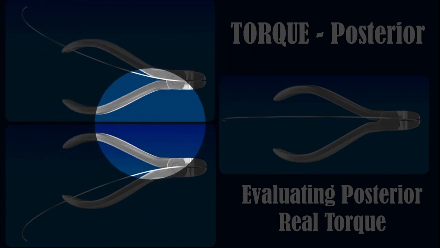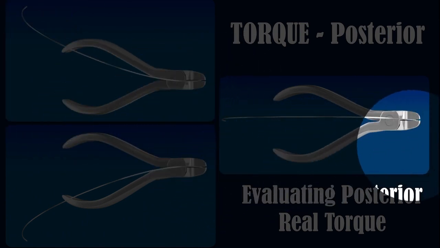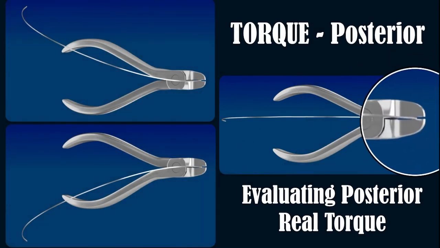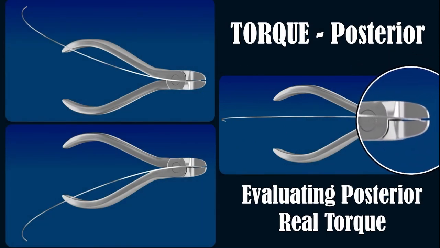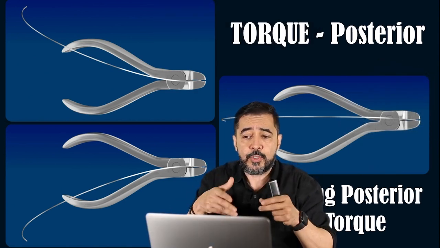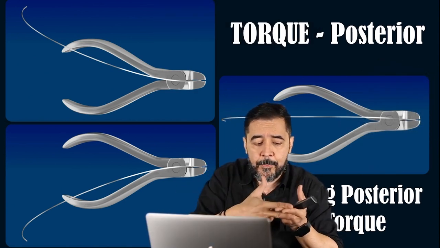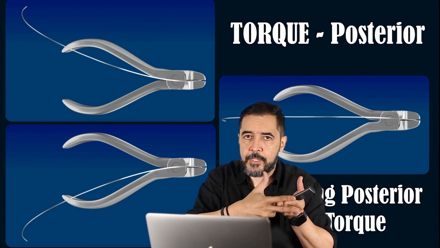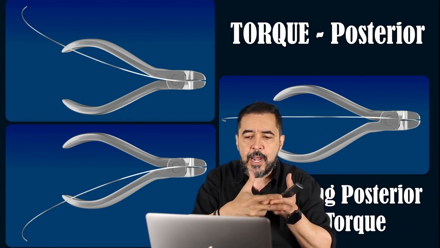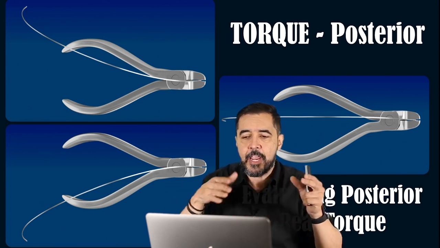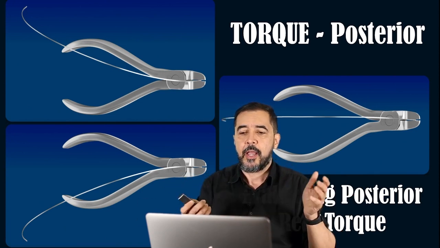Now we're measuring, we are evaluating this torsion. Here we have no torsion at all. So as you can see, we grab here the posterior segment that I want to assess. I go with my plier, 142 plier in this case, and I grab it here. I seize it here, and now I see what is the relation of inclination or angulation.